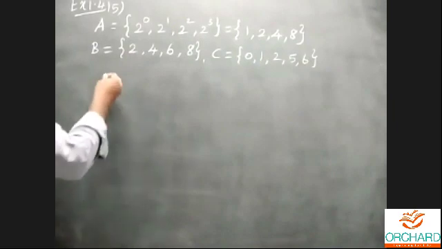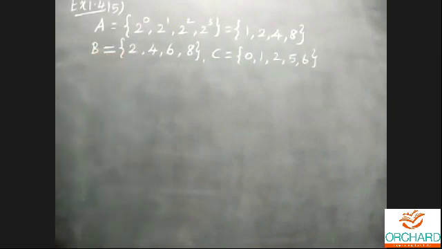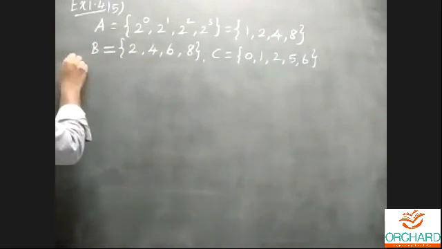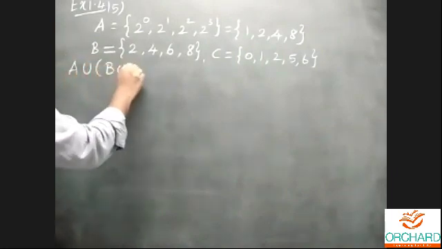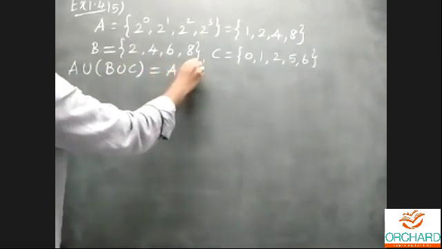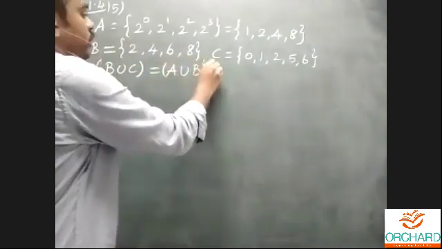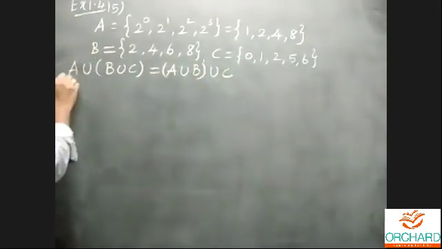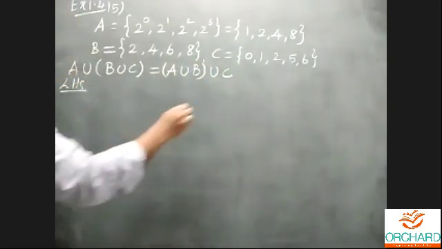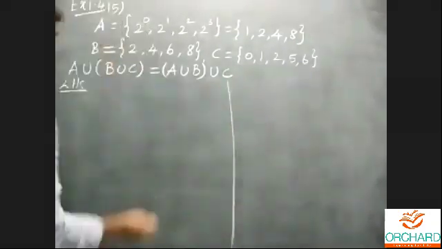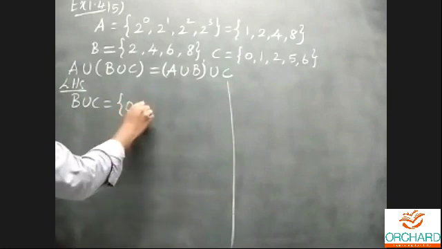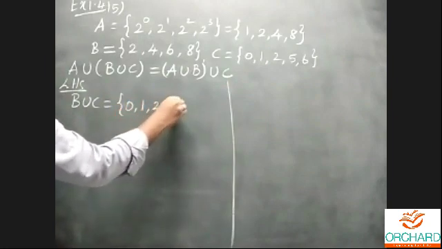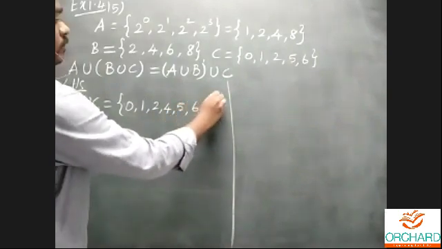Now for this problem, actually your textbook has given the associative property of intersection, but I'll do the associative property of union of three sets. A union B union C is equal to A union B union C. First, left hand side, B union C, union of the sets B and C: 0, 1, 2, 4, 5, 6, 8.